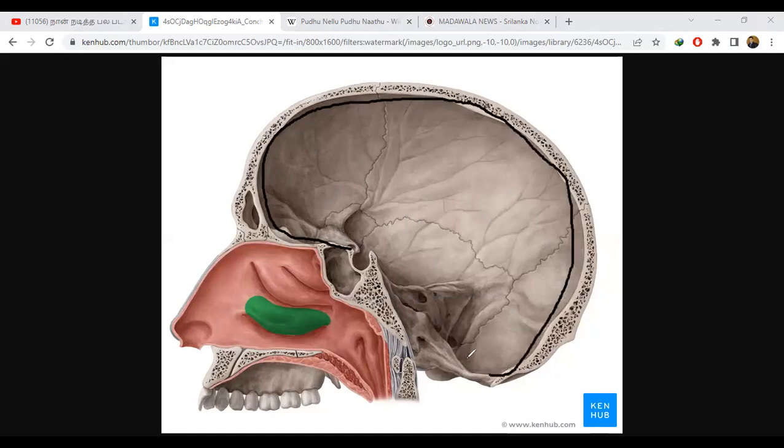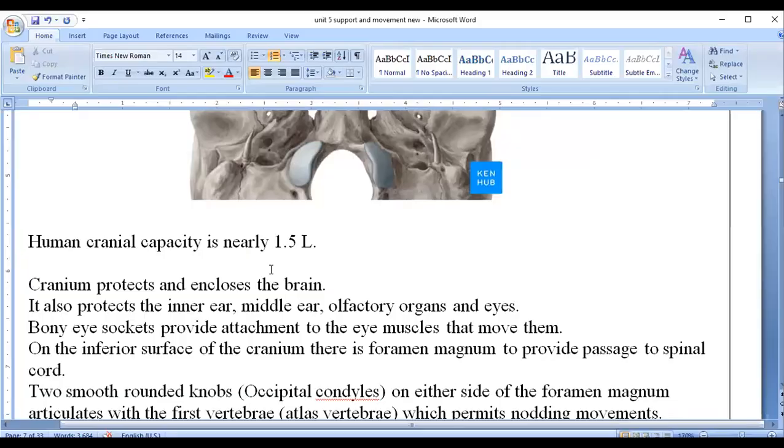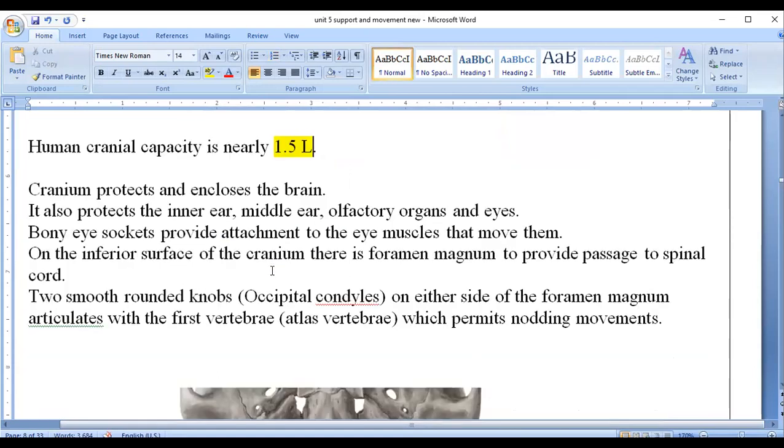The brain case has a capacity of about 1.5 liters. So 1.5 liters of content can be situated in the brain case or the cranium.